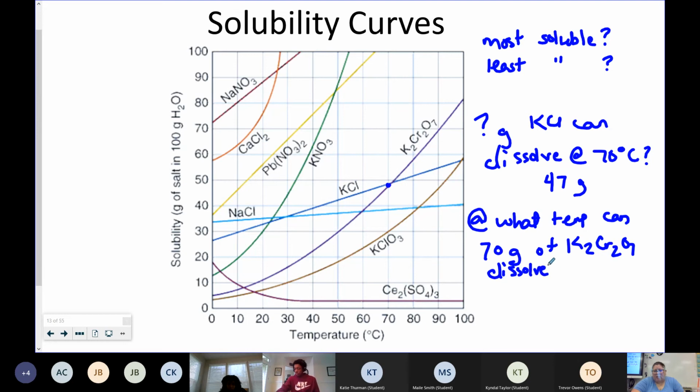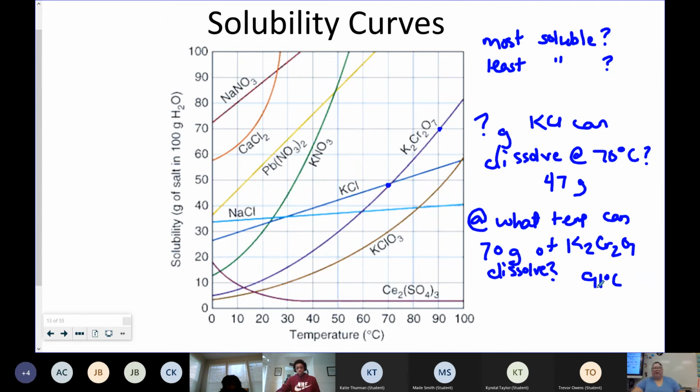So we'd have to say, okay, 70 grams is right here. Potassium dichromate is this kind of navy colored one. So 70 grams is going to be there, which is just past 90. So I'd probably say like 91 degrees Celsius. Somewhere in there would be an acceptable range. So those are pretty kind of straightforward, just matching up the points on the graph.